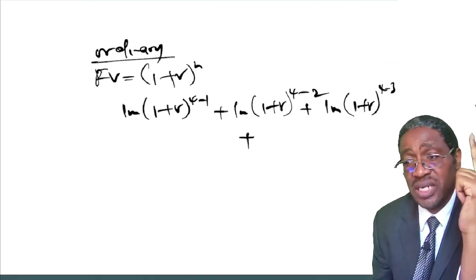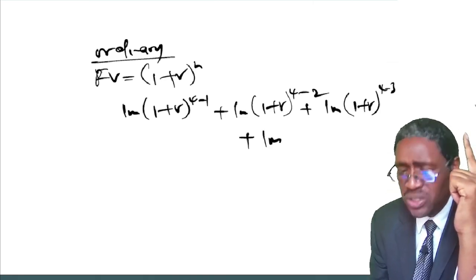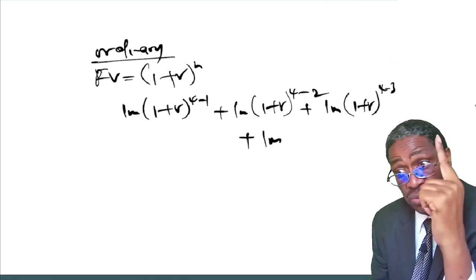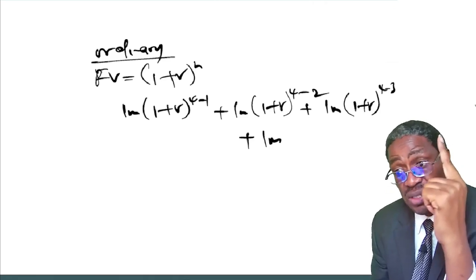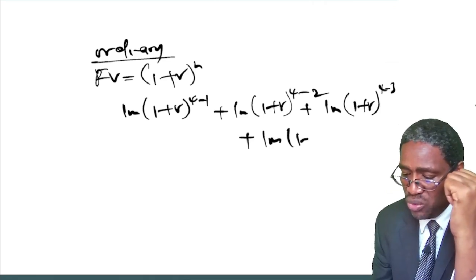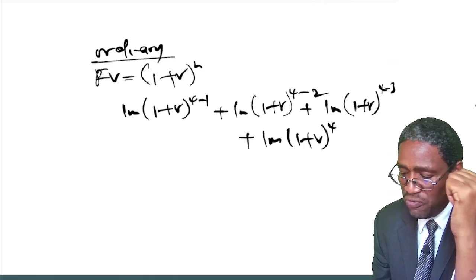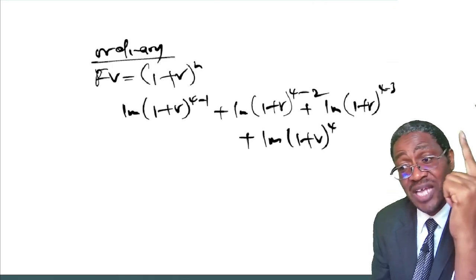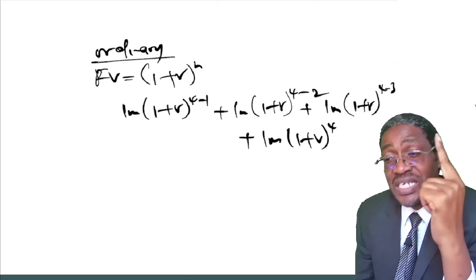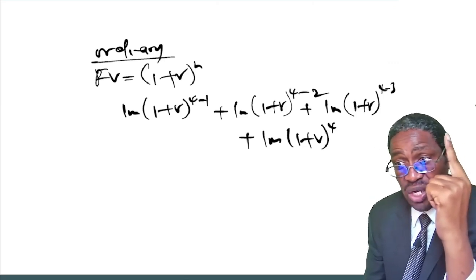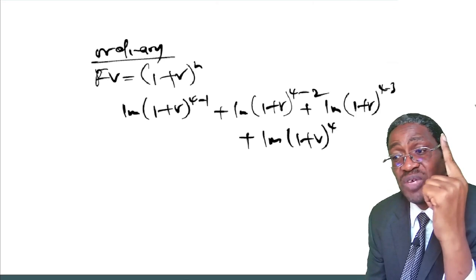Plus, the amount I'm going to put at the end of year 4, because the investment is for 4 years, that will be 1m into 1 plus r to the power of 4. That will earn me no interest at all, because I'm investing it at the end of year 4.